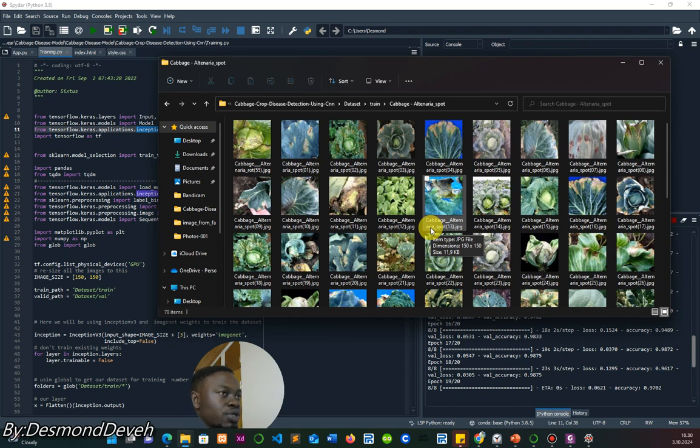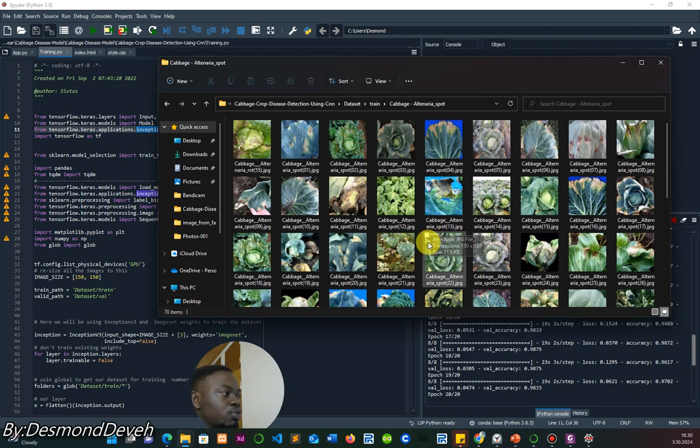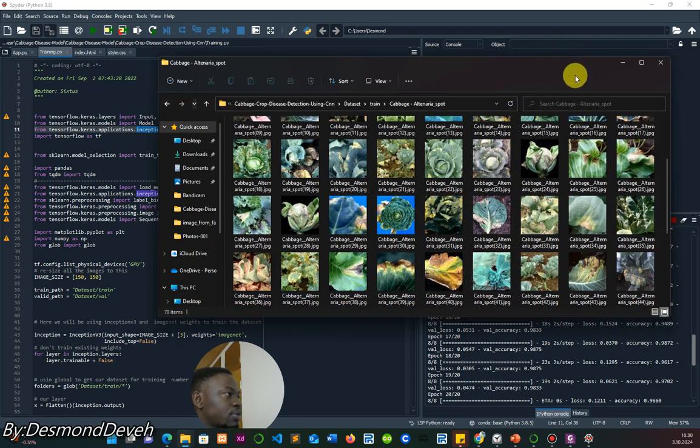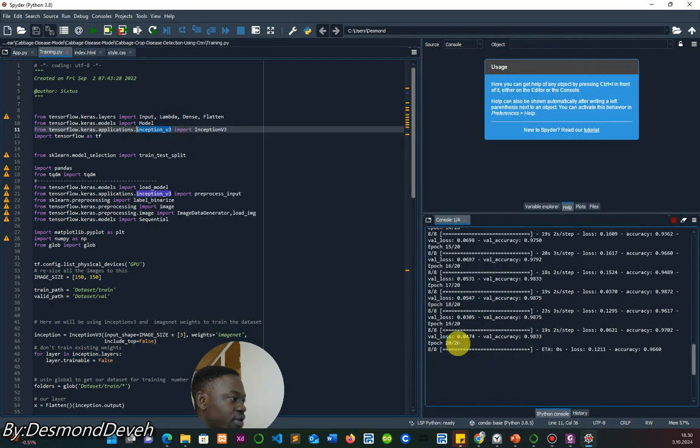So when you open the app and you point it to the cabbage, it should be able to give you the kind of disease that is affecting the cabbage. Yes, that is something I'll work on as time goes on. So I think the epoch is done running. So now it has gotten to 20 over 20.